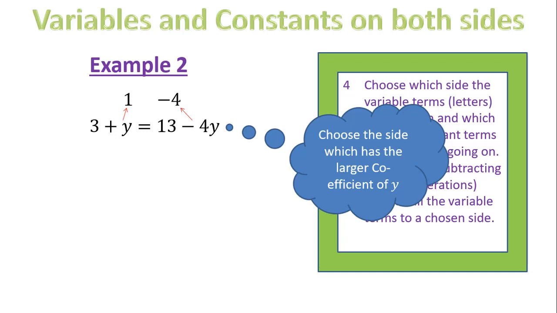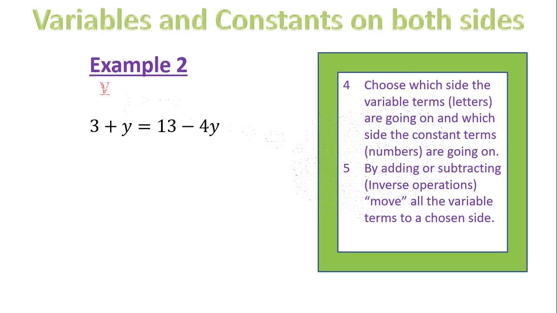And hopefully everybody realizes that 1 is greater than negative 4, and so therefore I'm going to have my variables on the left-hand side and my constants on the right-hand side. Step 4, done. Step 5, by adding or subtracting, move all the variable terms to a chosen side.